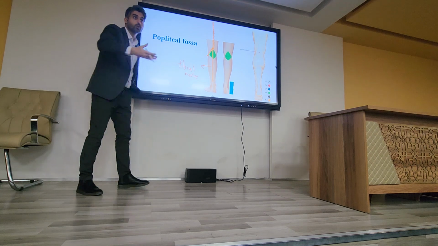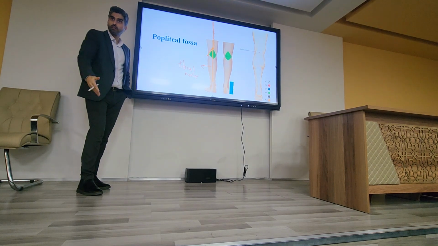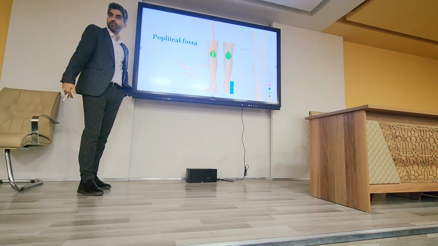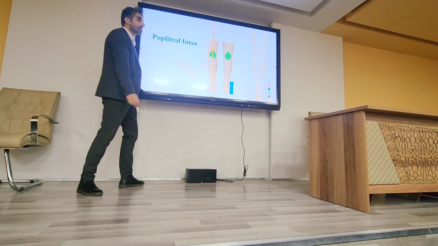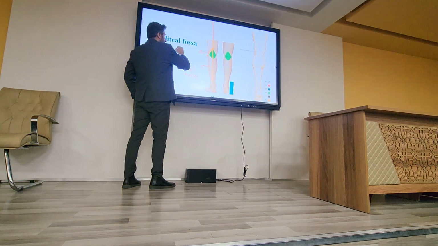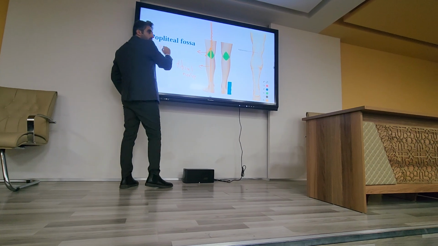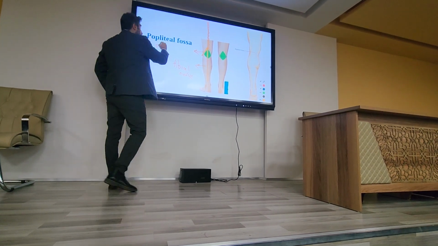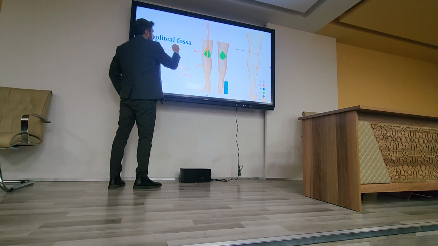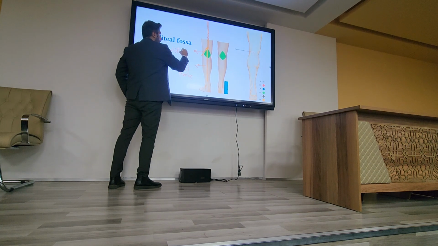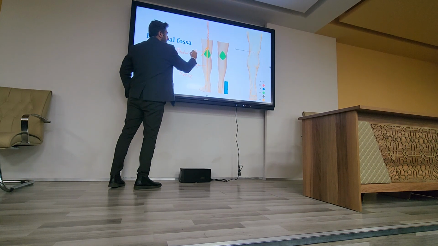Look here, it goes to the lateral side of the leg, turning around the popliteal fossa and going to the lateral side of the leg. Common peroneal, or you can say common fibular nerve.